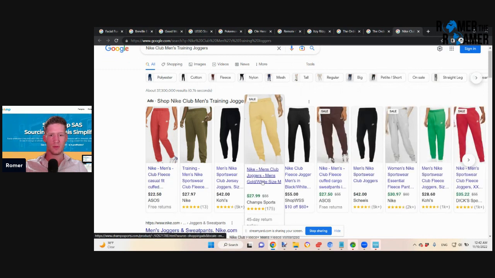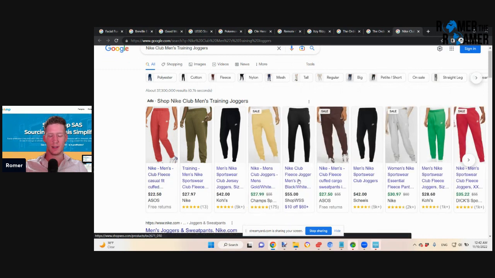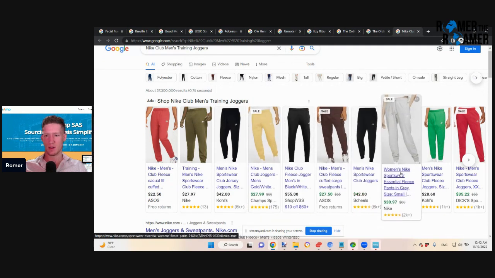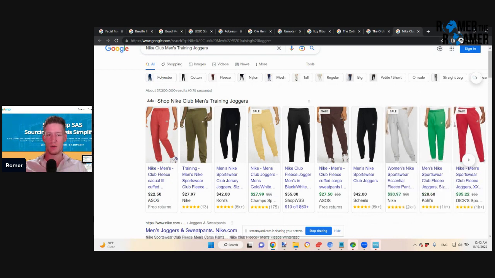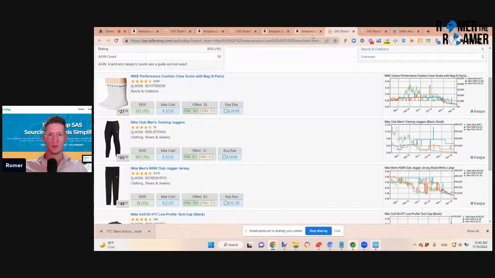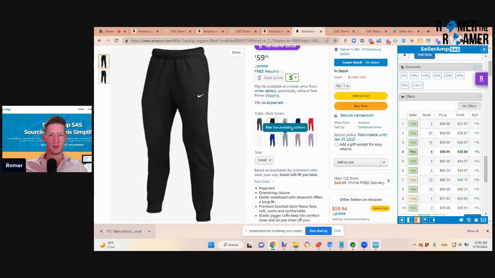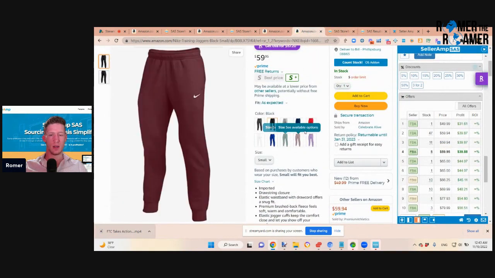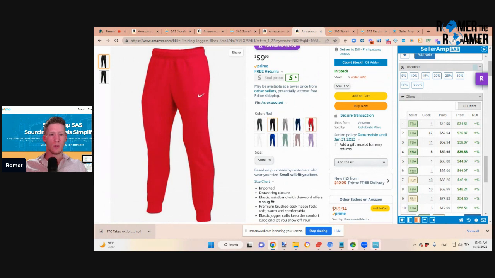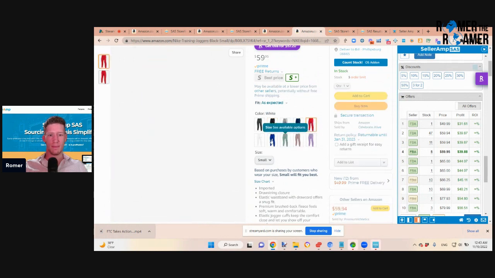Now the off colors, a lot of times you'll find them on sale. Like this yellow is on sale. This gray is on sale. And sometimes the off colors sell well. So what you can do is look at the variation. Is this the same one we're just on? Yeah, so look at all these variations. And what you can do is click on the variation.